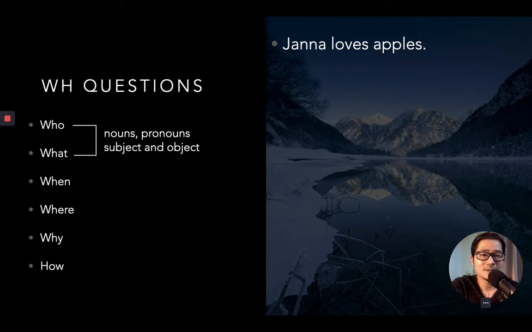Okay, so how do we form who and what questions from this sentence? When you form WH questions, specifically for this exercise, it will be a bit backwards. We're going to reverse it. Instead of asking the question first, you think of the answer. So in this case, okay, I want the answer to be Jana.